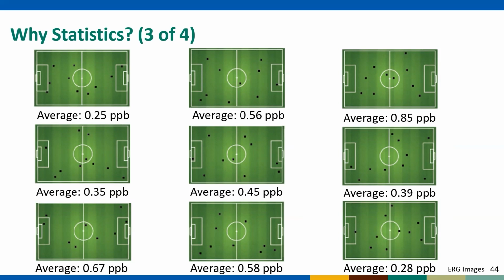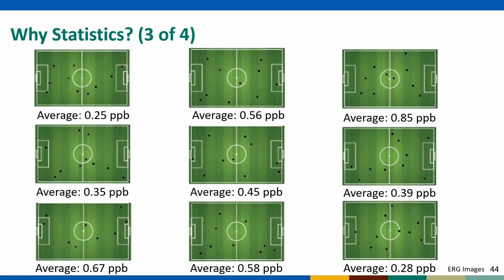But if we did that, every set of samples would have its own individual sample mean, as shown in these soccer field images. One would be 0.25. Let's say the next is 0.56, then 0.85, then 0.35, 0.45, 0.39, 0.67, 0.58, and 0.28 parts per billion, as indicated in the examples on this slide.